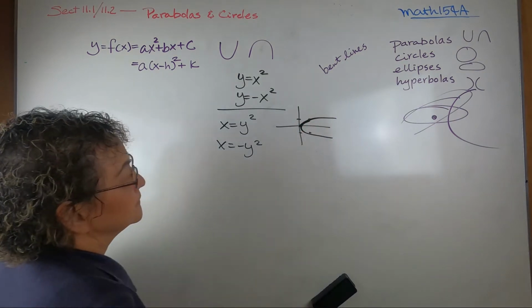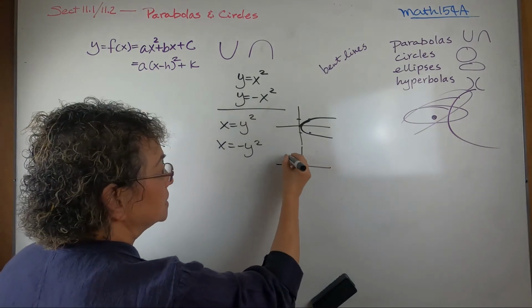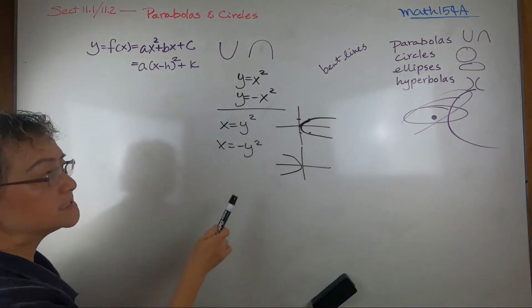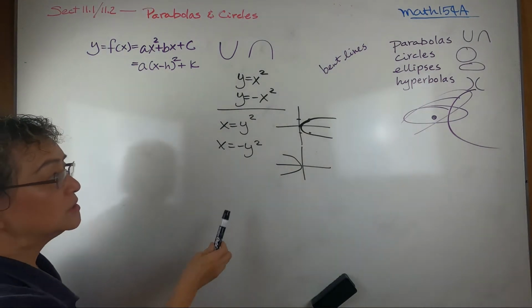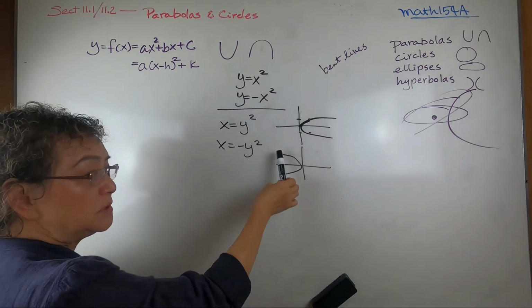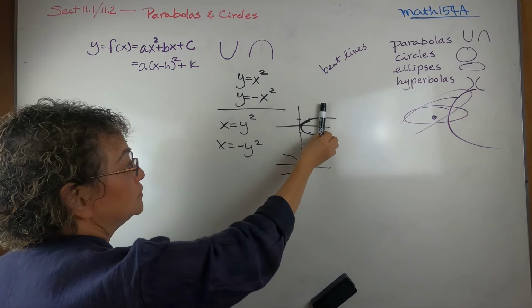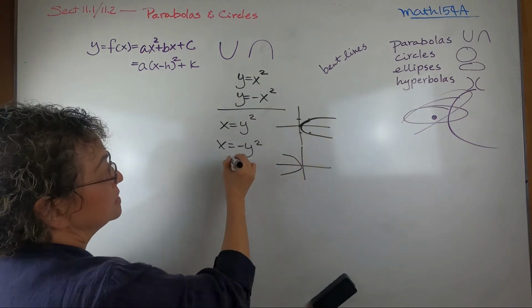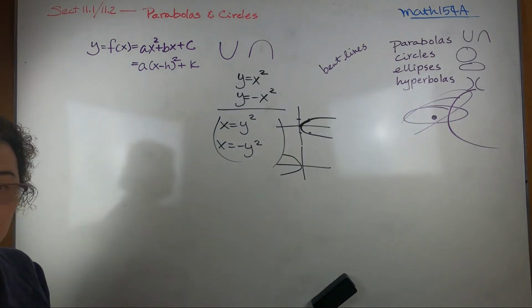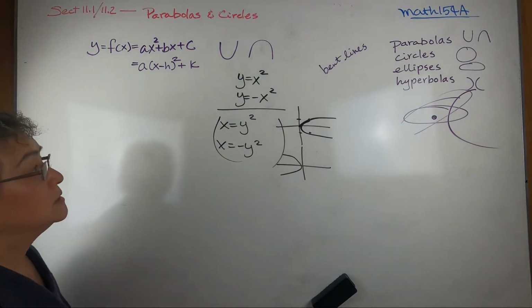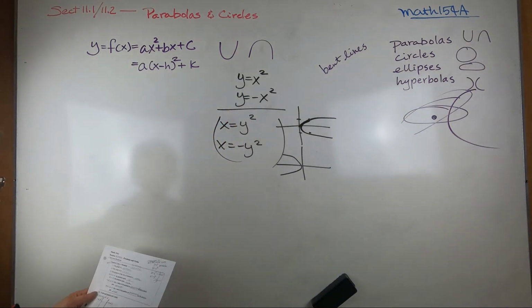Then x equals negative y squared ends up this way. It's a sideways parabola. However, for the sideways parabolas, are they functions? You do your vertical line test. It's not. That's why we didn't talk much about sideways parabolas. Okay, so mainly we just talk about the functions.